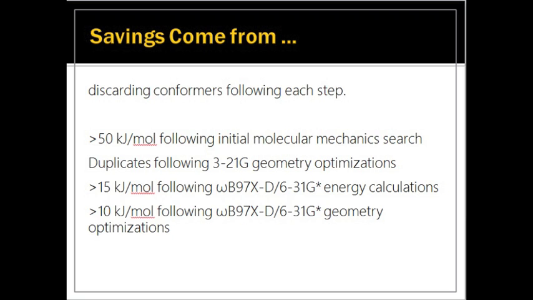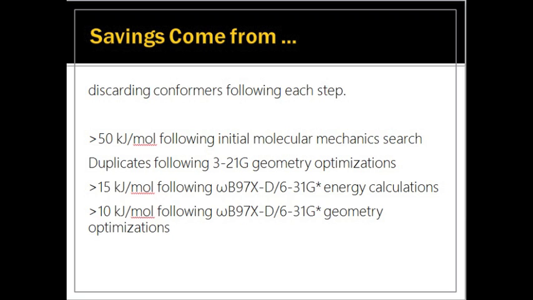The second step in the recipe is a geometry optimization. I want to replace the mechanics geometry by something better. And the reason for that is that mechanics has the problem of many minima collapsing. So if you have a minimum here, in the real world, mechanics will often collapse it.